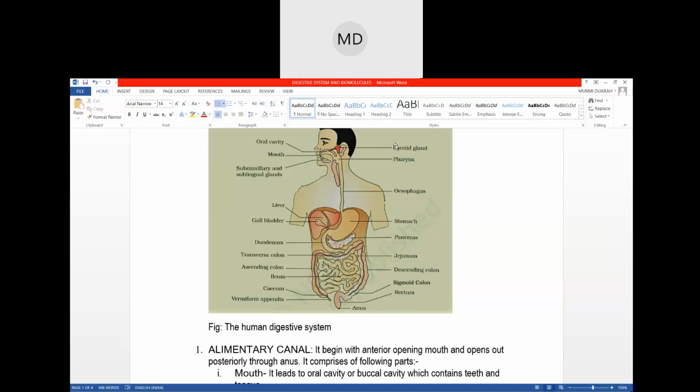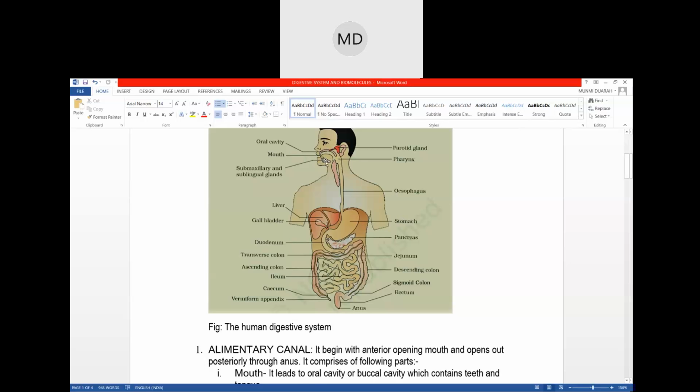And what is a duct? Duct is a tube. Saliva plays a very important role in digestion. The role of saliva in digestion we will discuss next class.